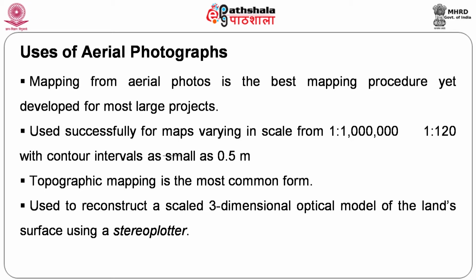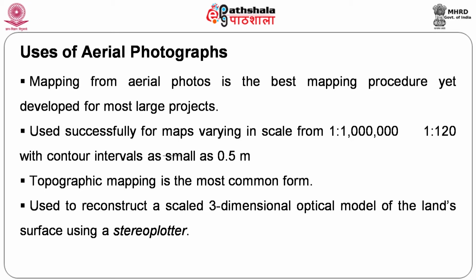So, even 1:100 they try to use, and the most important application using aerial photographs is contour interval. To generate a contour, as I told you, if I am getting a depth perception, I will also be in a position to get the contour. Contours are nothing but lines joining equal elevation.